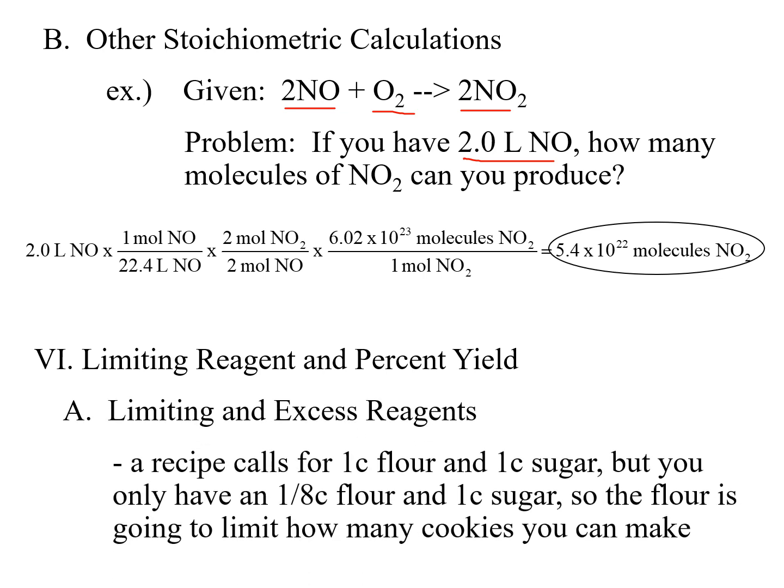So let me relate it back to a recipe, because that's essentially what these balanced chemical equations are. So let's say we're making a recipe to make, I don't know, cookies. Doesn't really matter. Let's say the recipe calls for 1 cup of flour and 1 cup of sugar and some other things.